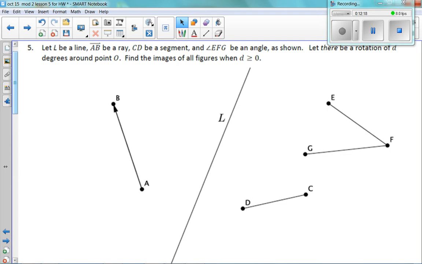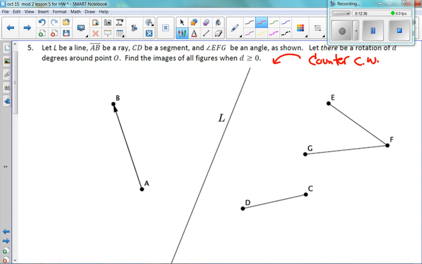So you should be aware that when the angle that you're rotating is a number greater than 0, you're rotating in a counterclockwise direction. So you're moving in this direction, counterclockwise. Okay?